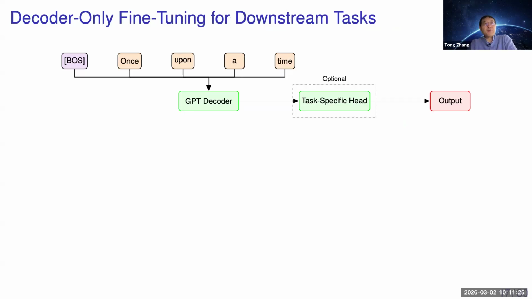So if you want to fine-tune a decoder-only model, what do you do? You start with a decoder. Let's say you want to use it for classification. For classification, there are several ways to do that.